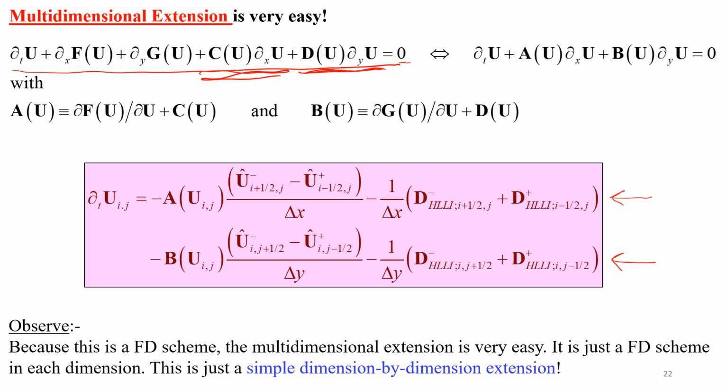In fact, in our application codes, we don't even write a different strategy for the x direction and the y direction. We just specify that the direction is 1 or 2 or 3 for the x, y, and z directions, and we use the same subroutine, so it's very easy to code up. Okay, because this is a finite difference scheme, the multidimensional extension is very easy, and you just do it dimension by dimension.